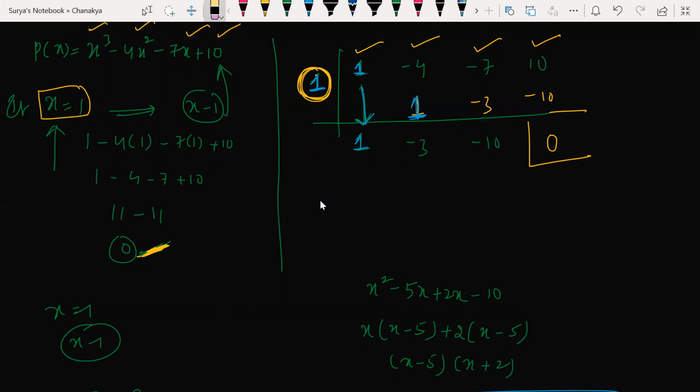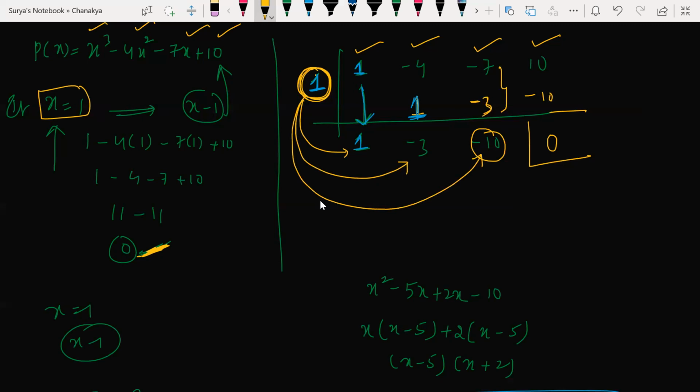Now again, you multiplied this into this, next you got -3, right? Again, -1 into -3, how much? 3 here. Again, adding these two, -10. Again, 1 into -10, how much? -10. Adding these two, 0.